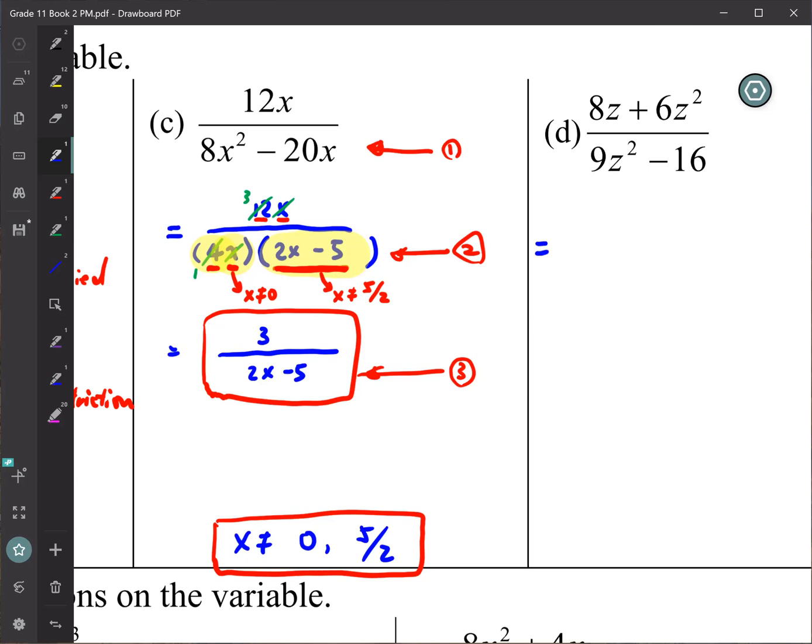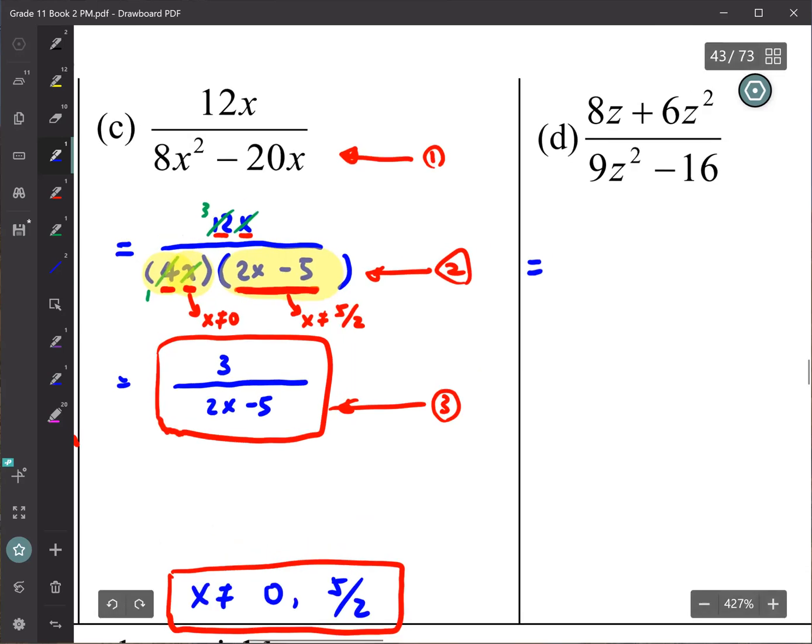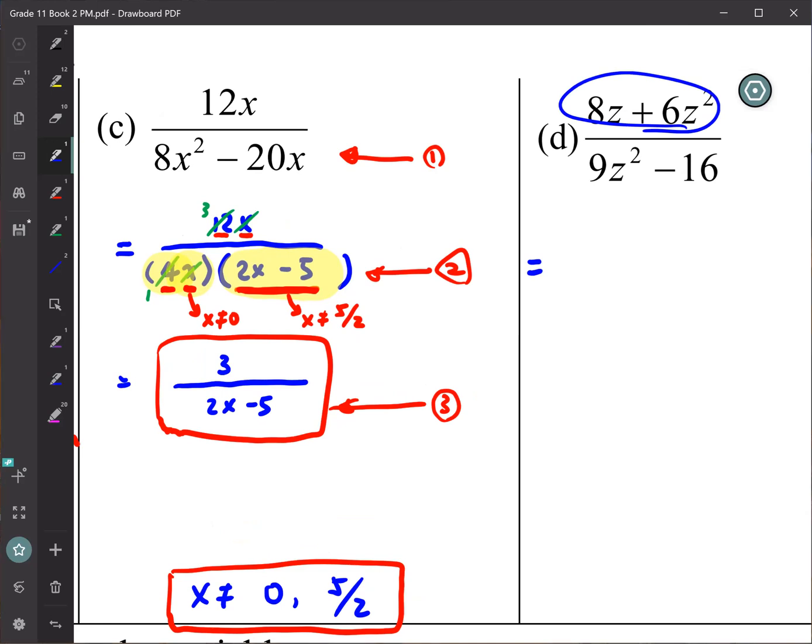Divide by 2. Divide by 2, where? For the numerator. Which part? Numerator? This part? Can you tell me what to write? For z plus 3z squared. That's all? So you just divide everything by 2?